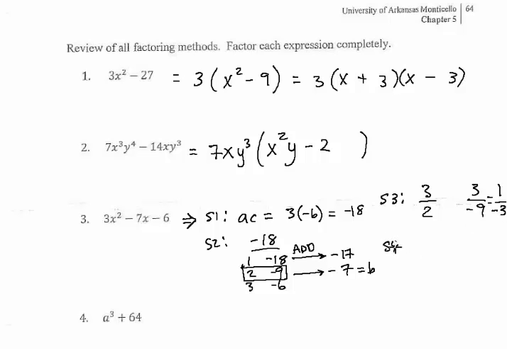And so step 4, I just simply write down my factors using the numerator and denominator as my coefficients. 3x plus 2, and x, 1x, and then a minus 3.